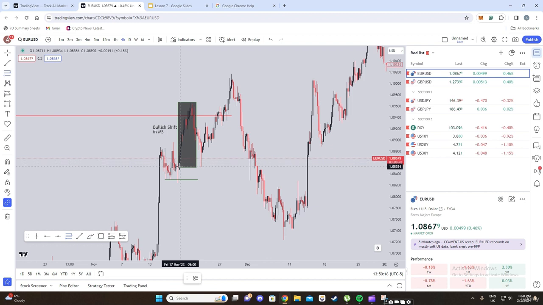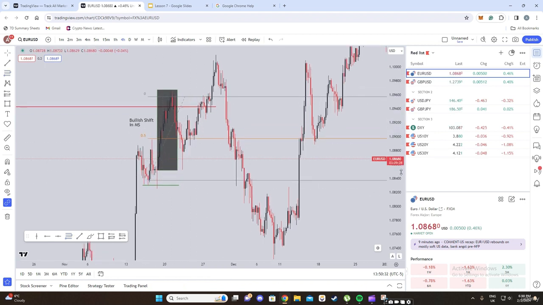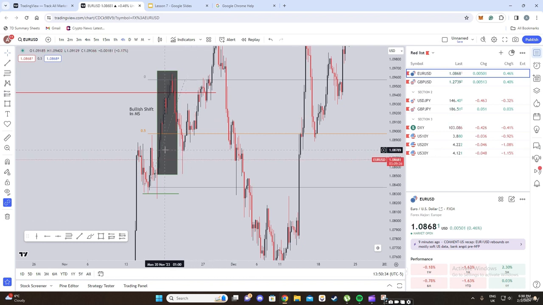So once we've seen those two, we would drag the range from the swing low to the swing high, and we'd look for price to retrace back into this key area here. We'd see price come, fill these gaps here, react to the order block, before going long.